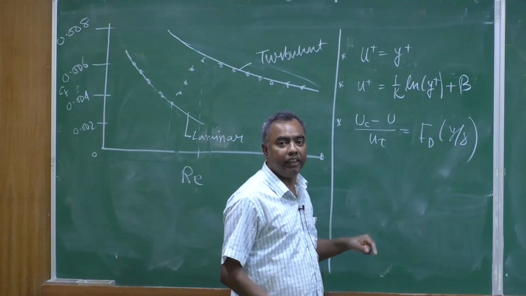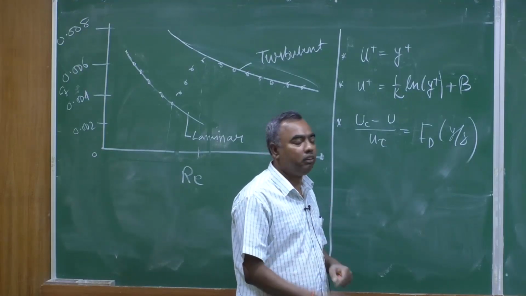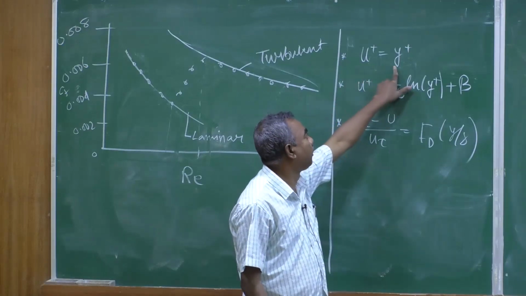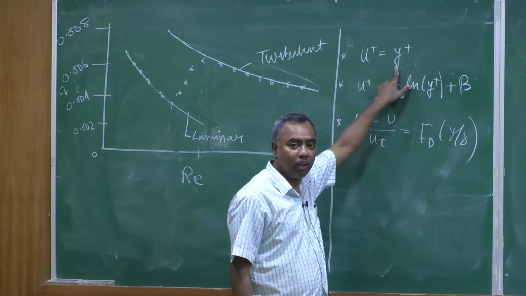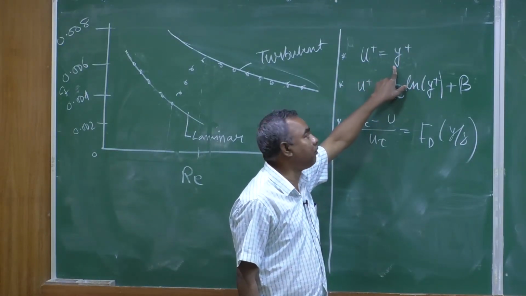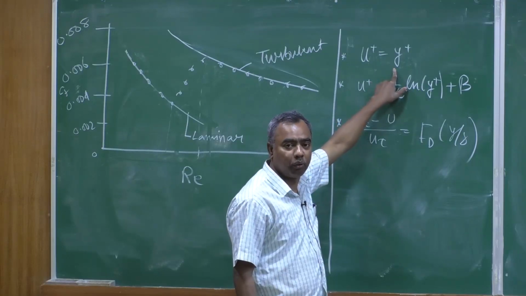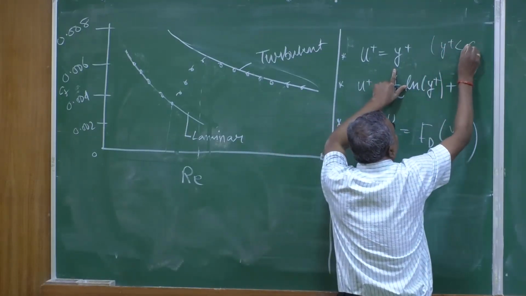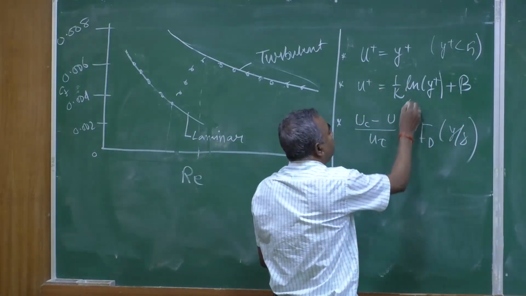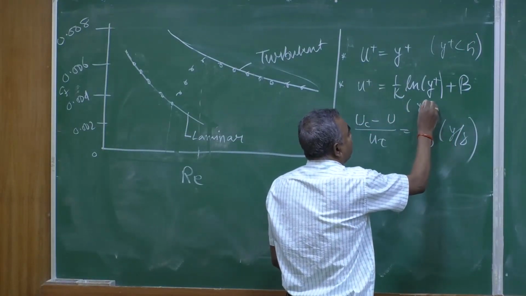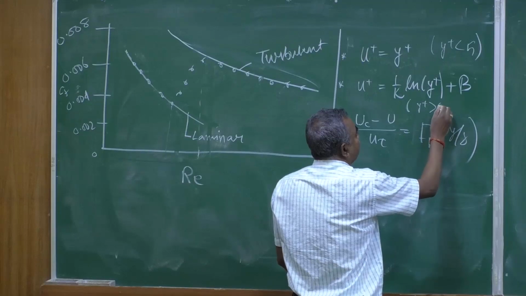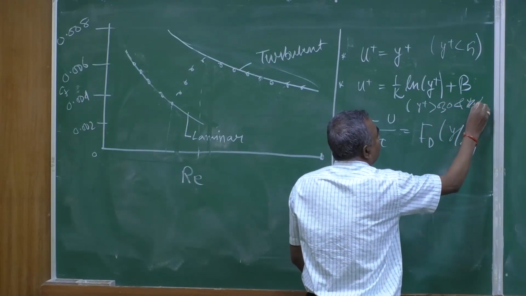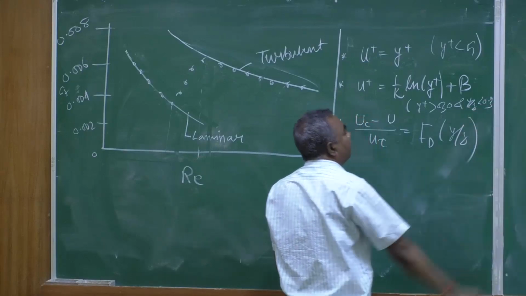Velocity profiles in a turbulent channel flow are divided into various layers. This is for the law of the wall or viscous sublayer, and this equation is valid for y plus less than 5. This equation is valid for y plus greater than 30 and y by delta less than 0.3.